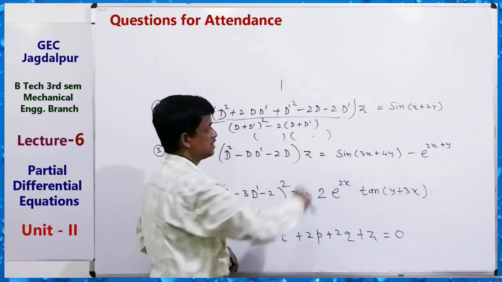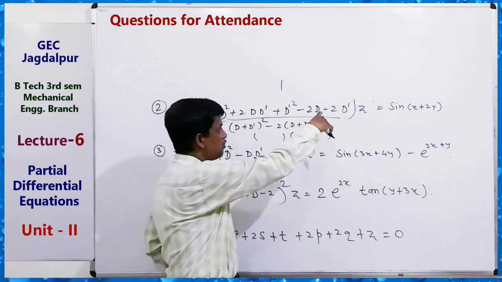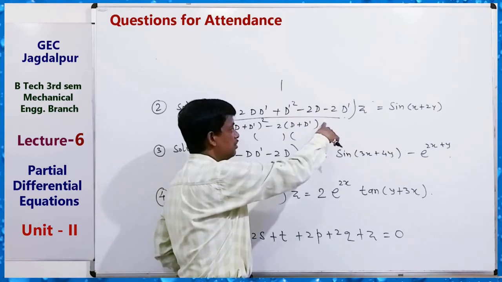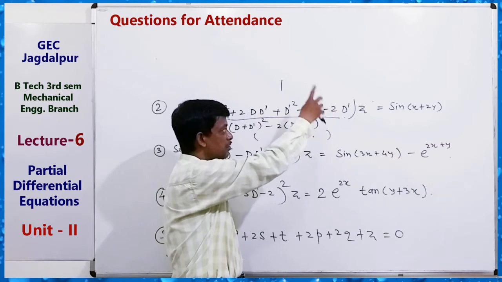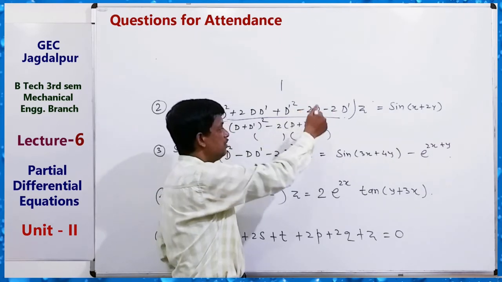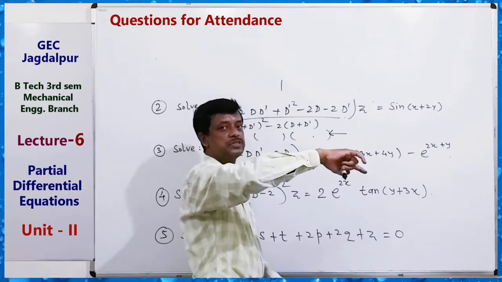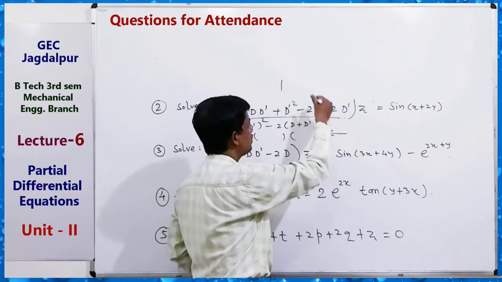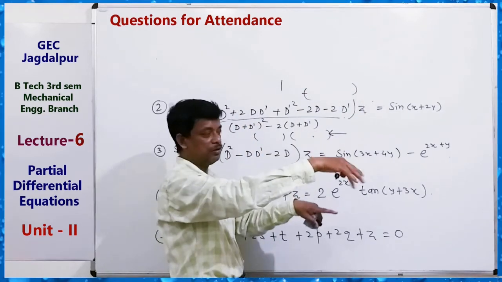Here D minus D dash, you can multiply numerator and denominator by this combination. Clear? And then in the denominator you again put minus a square minus b square. You can get the term in the numerator and then apply it on sine.